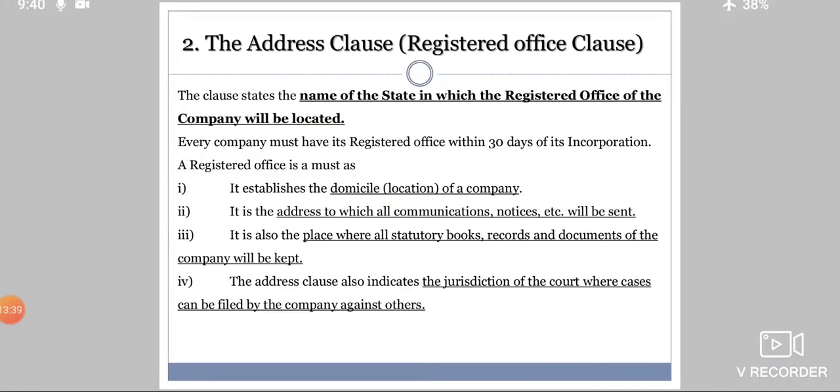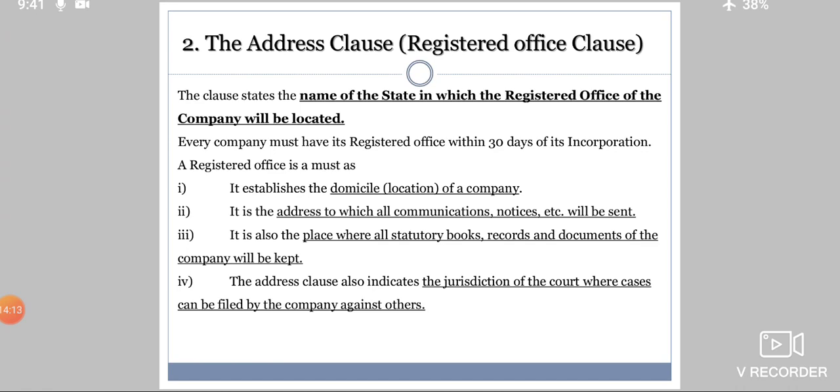Coming to the second clause, the address clause, or I can even say registered office clause. Now see, the clause states the name of the state, I repeat, the name of the state in which the registered office of the company will be located. Let's say the whole function of the company is going on in Maharashtra, but the registered office is in another state.